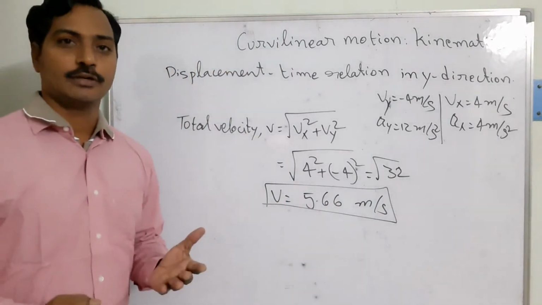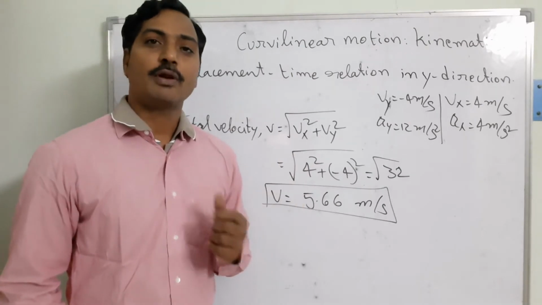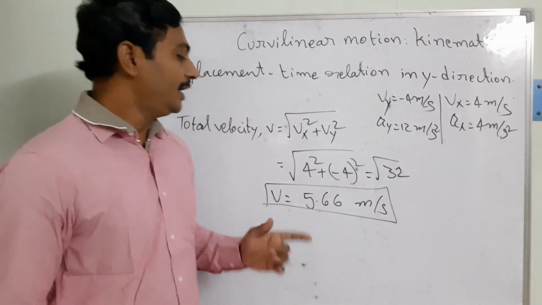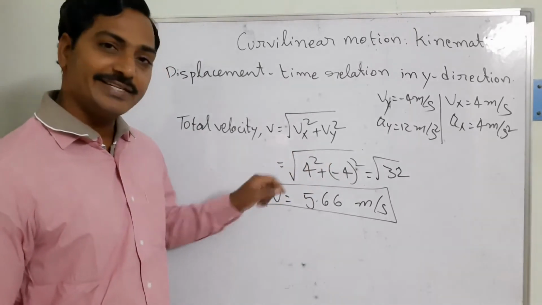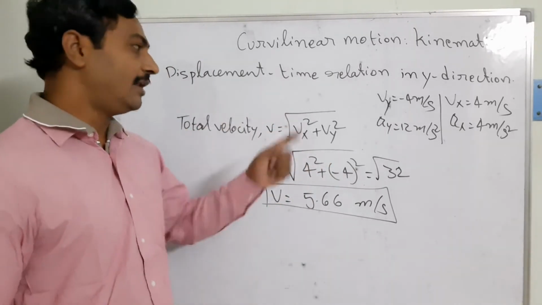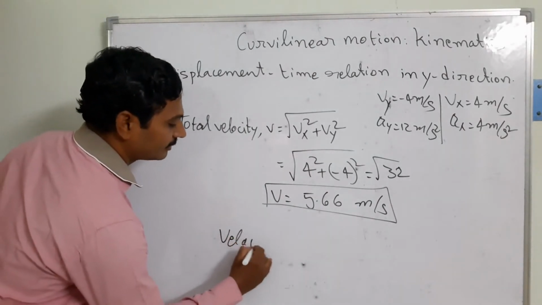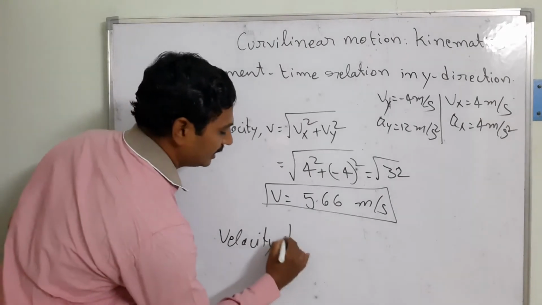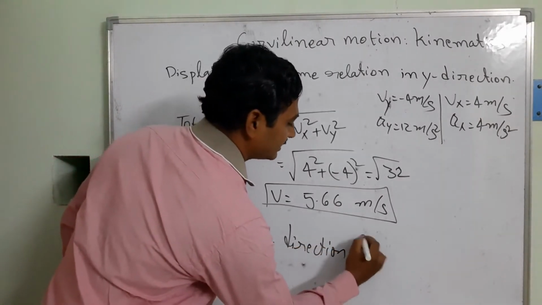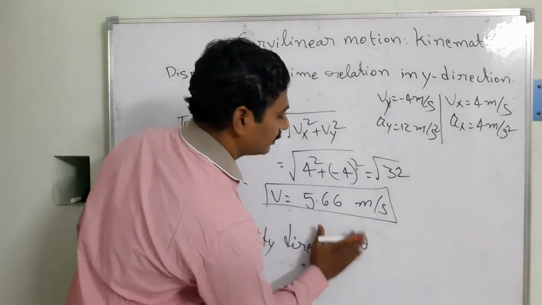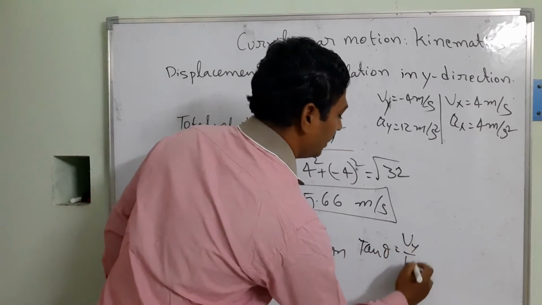Then what is the direction? Because it is following the hyperbola, the rectangular hyperbola curved path, right? So it is not moving in the x direction or in the y direction. This is going to be the velocity at that instant of time. So the velocity direction I am going to be calculating using theta, so I am going to be taking tan theta is equal to Vy by Vx.